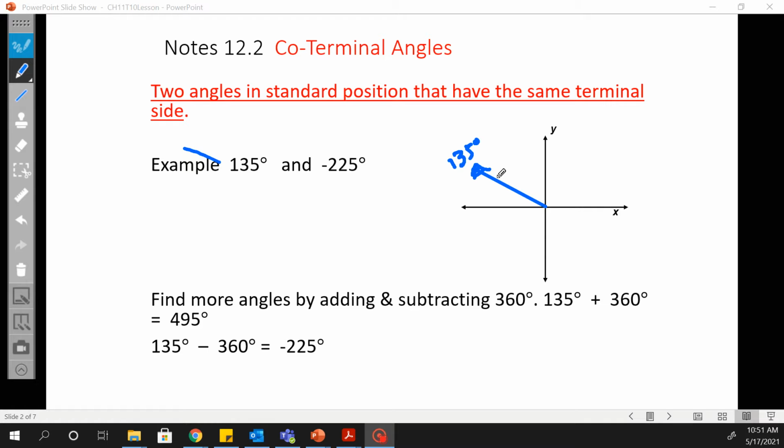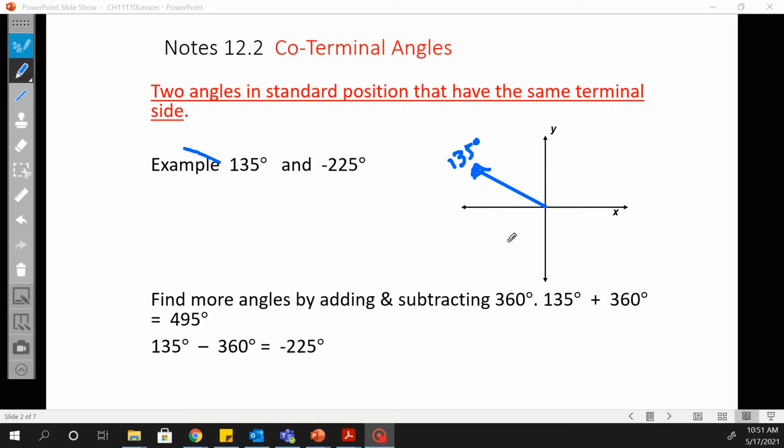Same thing if you go in the opposite direction. If you subtract 360 degrees, you would go in the reverse circle and end up here. So you can add or subtract 360 to find coterminal angles.